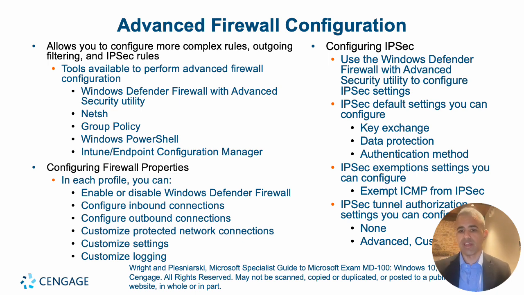What kind of ports, what kind of services and protocols. I may not want people pinging, so I may not want ICMP to come into my system, because that can create what's called a DDoS, the distributed denial of service attack, where they will try to overwhelm my systems with ICMP pings, and we don't want that.